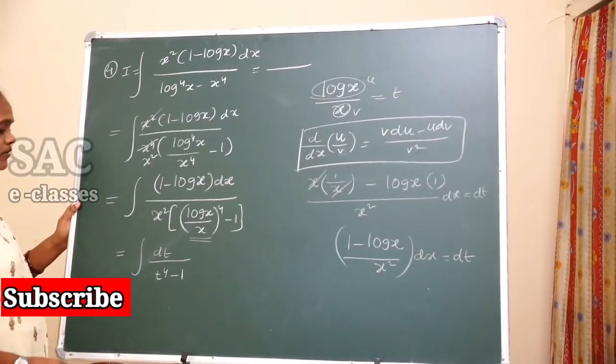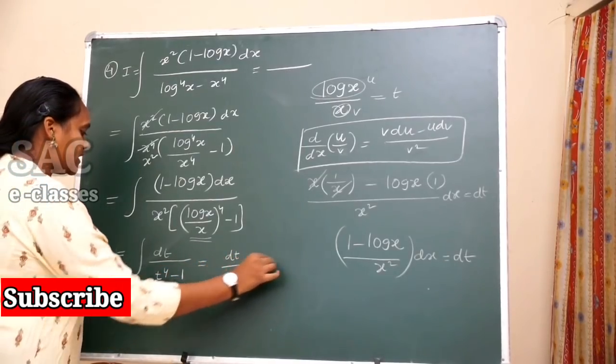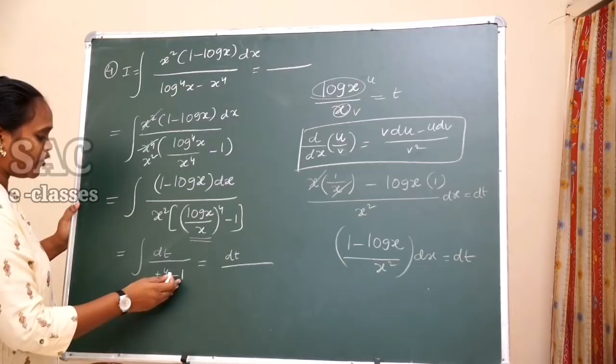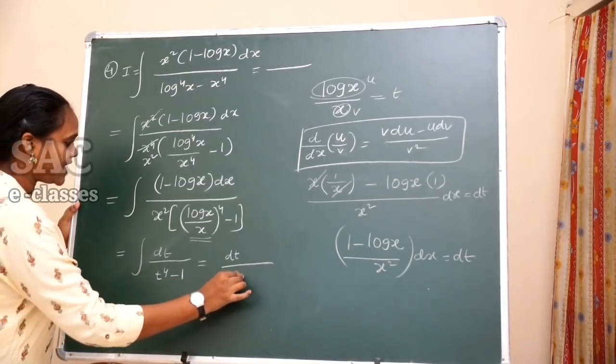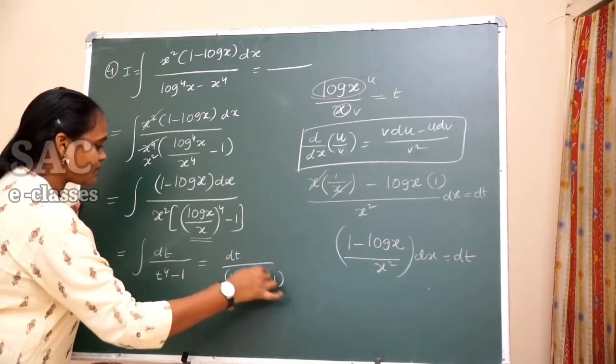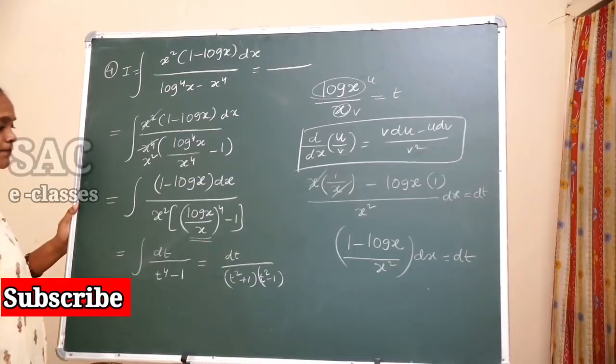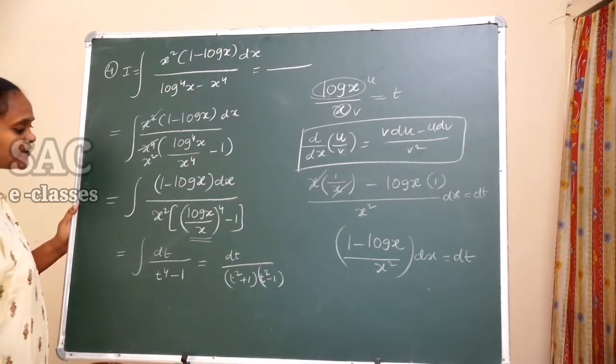Right. Now, t power 4 minus 1, let us simplify in this manner. t power 4 minus 1 can be factorized as t square plus 1 into t square minus 1. Right. So what we are going to do is, let us go for the partial fraction.